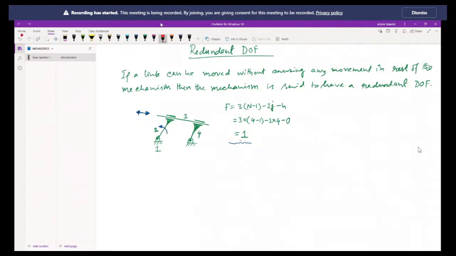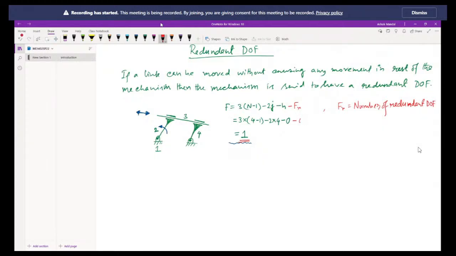Then we want to make this equal to 0. That can be done by adding or subtracting a number with this formula. Suppose I use this Fr here, and for this case Fr is equal to 1, which is the number of redundant degrees of freedom.